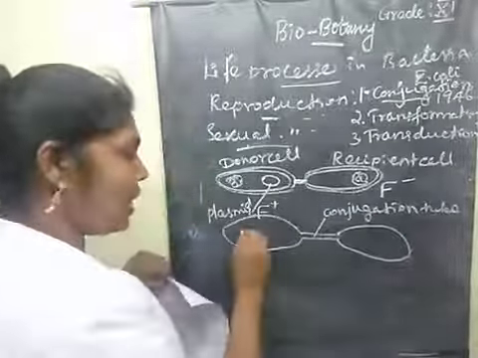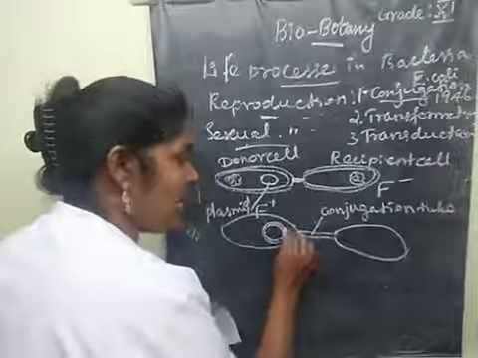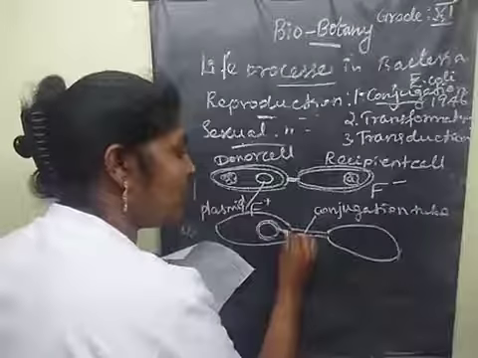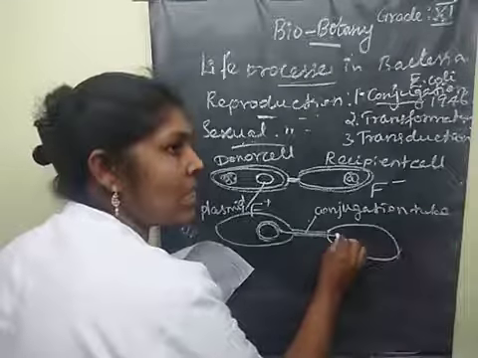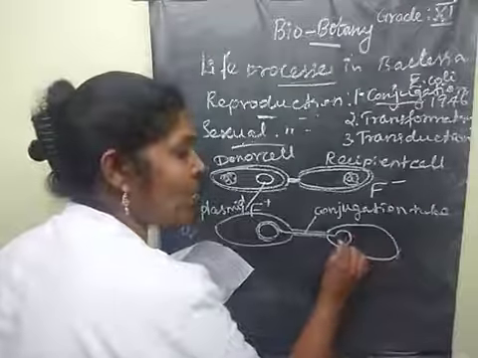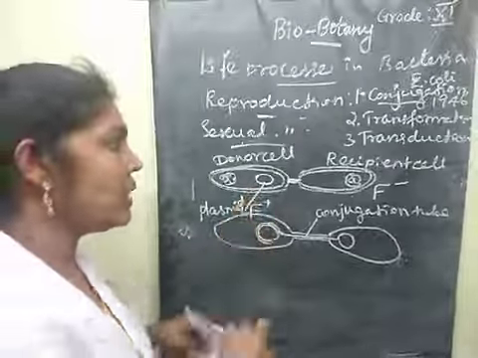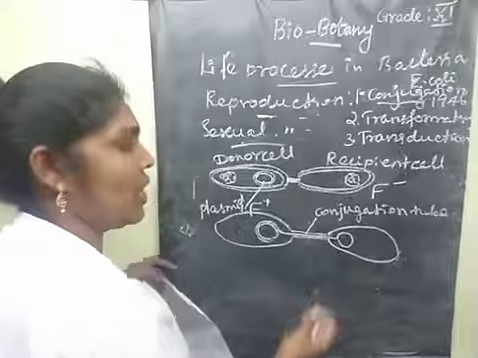From this double-stranded DNA molecule, the donor cell gives one strand, and it is transferred through the conjugation tube. The recipient cell receives that one strand of the DNA molecule and it is fixed. This is the double-stranded plasmid molecule.